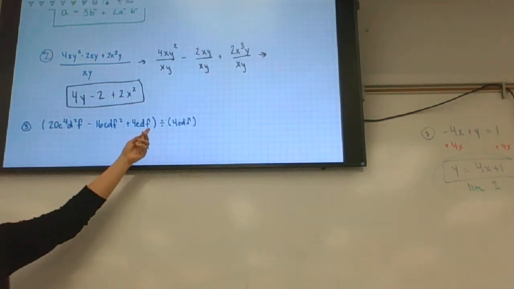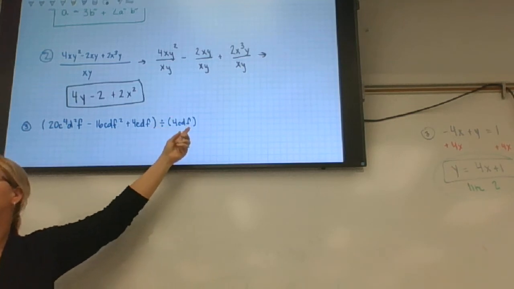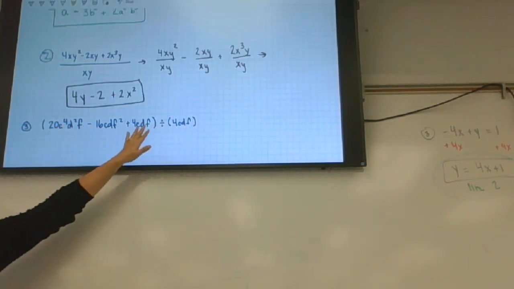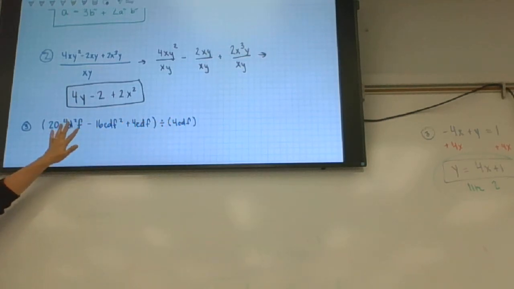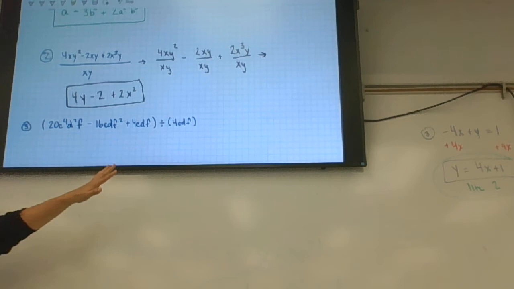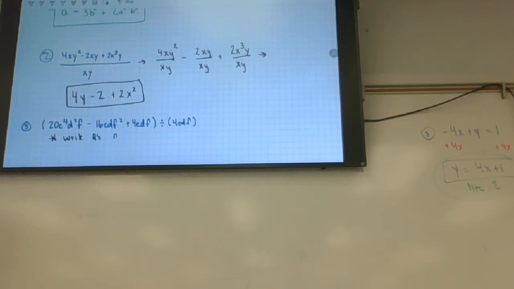It's this whole thing divided by a monomial. And so this is horizontal division, and a fraction is vertical division. So go ahead and write it as a fraction, and then separate it. Same problem. Focus on one at a time. Do what we've been doing for the last two problems. You're gonna write it as a fraction instead of a horizontal division problem.